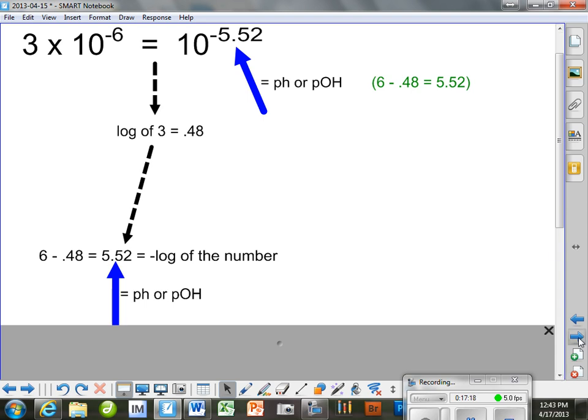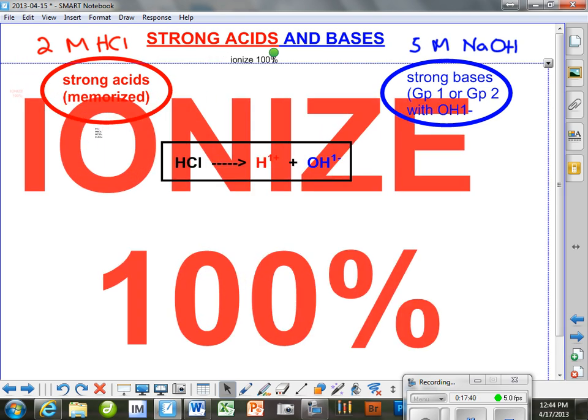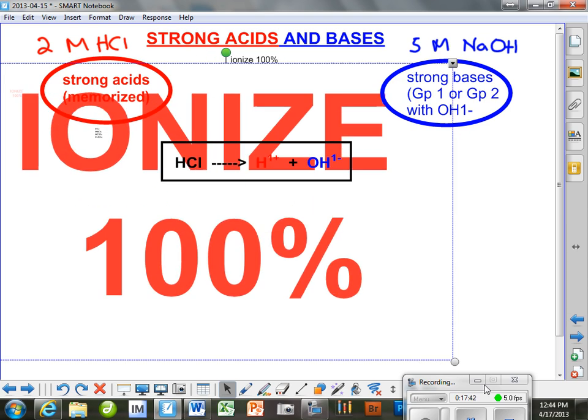Okay, here we go. How does this all apply to what we're doing in the homework tonight? You are going to have to understand that strong acids and strong bases ionize 100%. Let me rub it in your face.